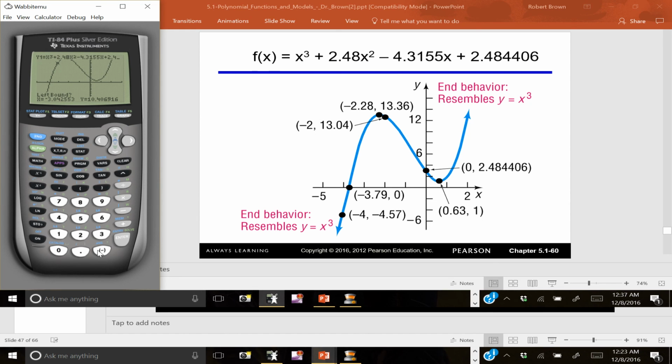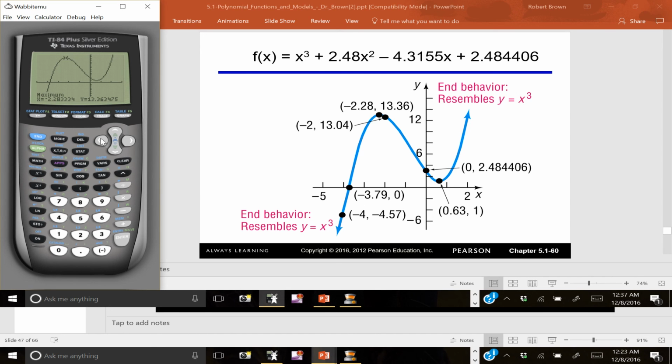It asks you to find the left bound. Well, we've got it on the left, so we hit enter. It asks for a right bound, so move the cursor over. Hit enter, and when it asks for a guess, just hit enter again. And out comes the maximum value, 13.36, which agrees with the graph here, at the value of x equals minus 2.28.